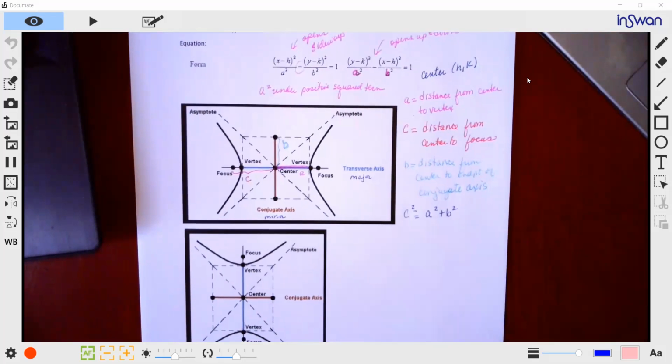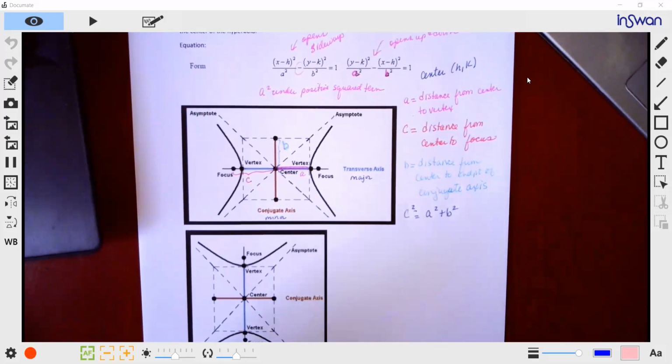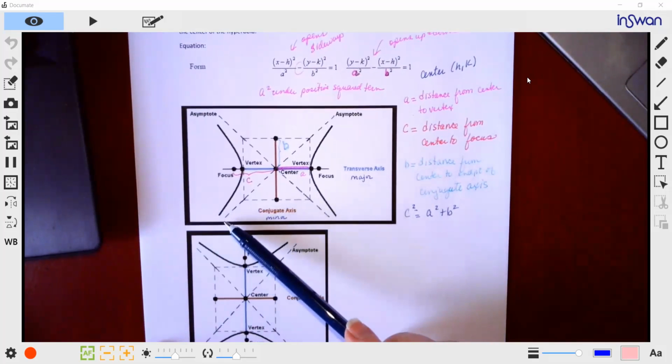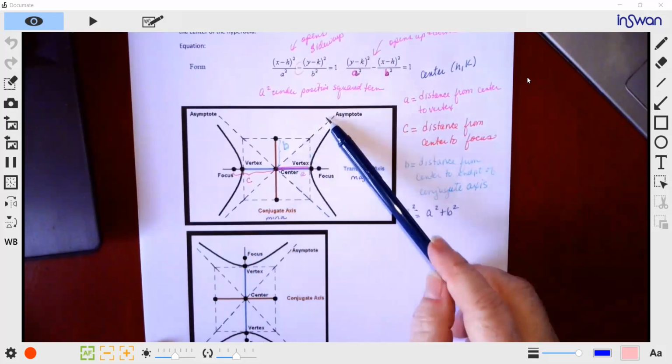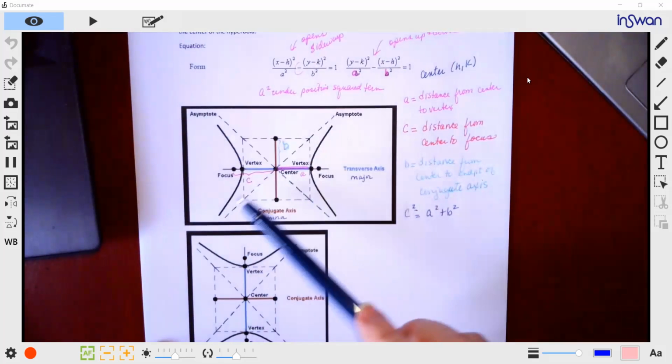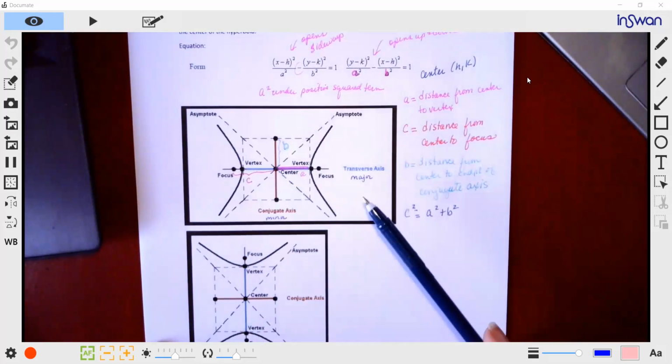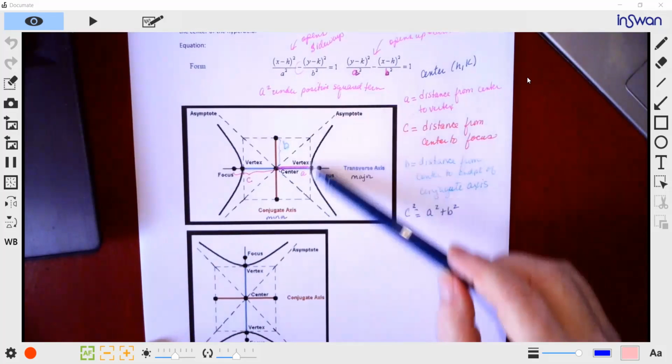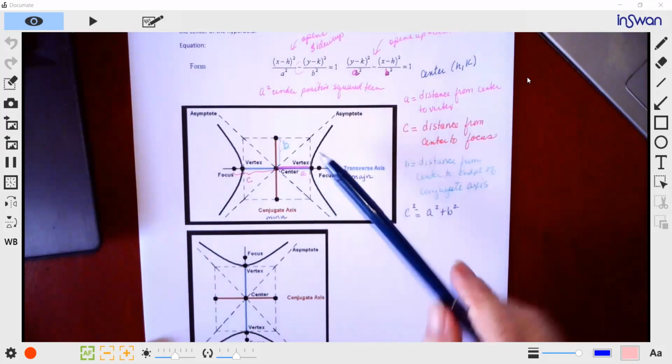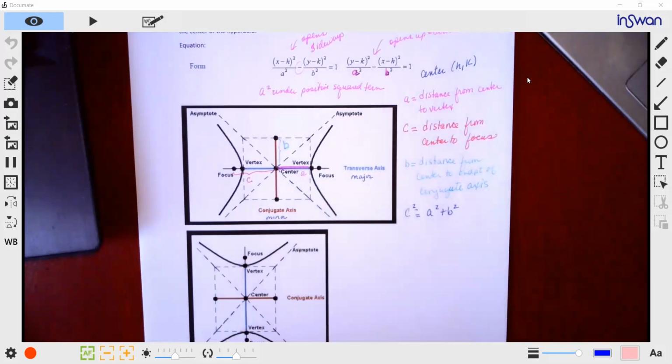Now, there's one thing, but two different parts of it, that we have for a hyperbola that we didn't have for an ellipse: slant asymptotes. Remember, slant asymptotes are what your graph gets close to the further you go out to the right or the left.